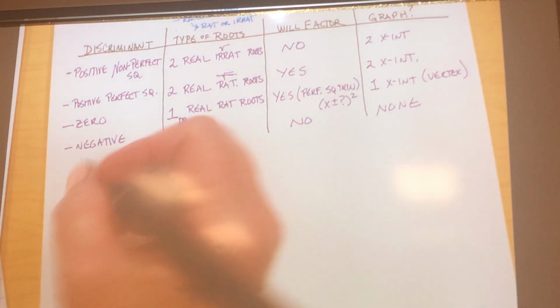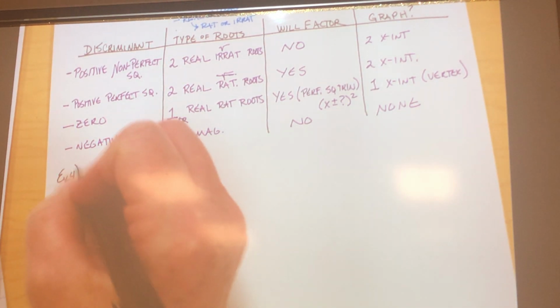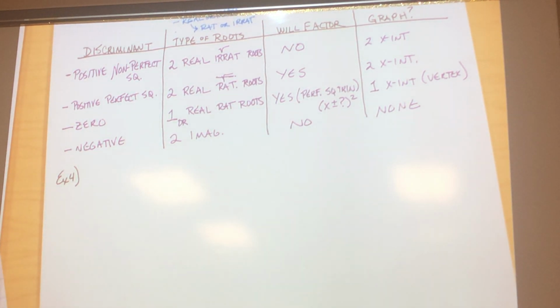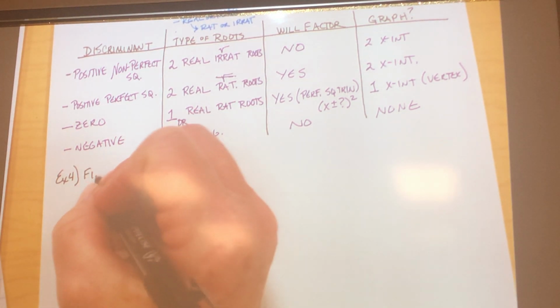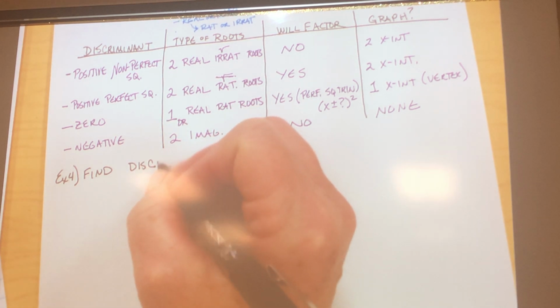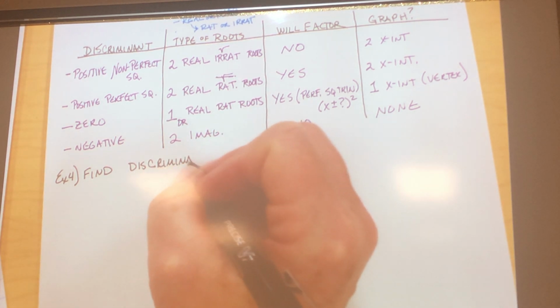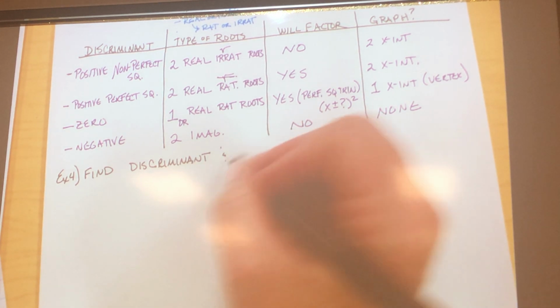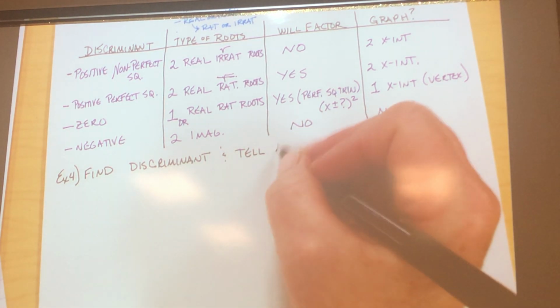Everybody okay? Okay, so this is example 4. All right, how much time do I have? 15 minutes? Okay, we're going to have to work fast. So we are going to find the discriminant, and we're going to tell about the roots. Y'all listen to me.